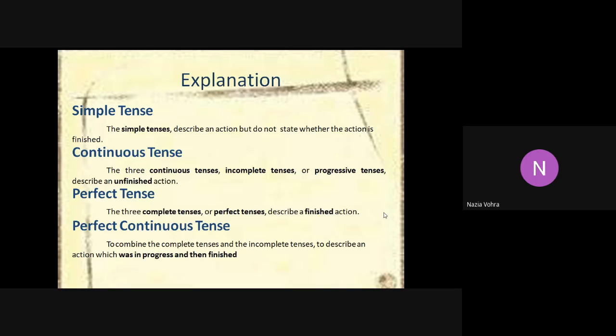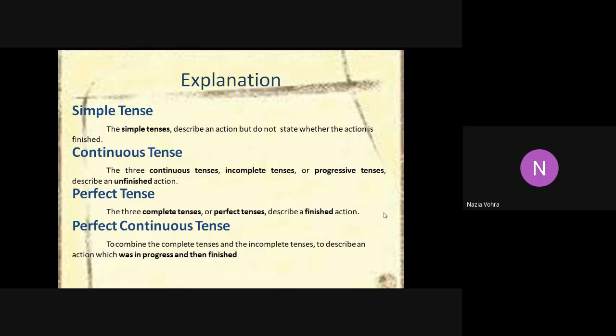But in most cases in the perfect continuous tense, our action is over, but the effect is still there. Guys, are you getting it? Are you able to understand?